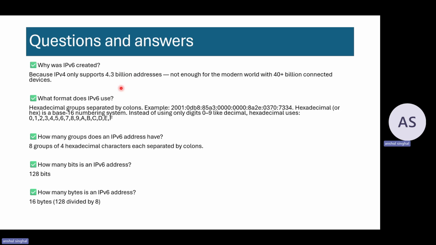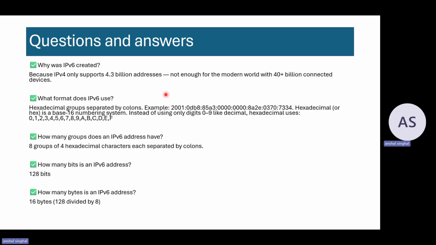As we know, IPv4 addresses are 32-bit addresses. So it means that the maximum number of IP addresses we can have is 2 to the power 32. This 4.3 billion addresses just corresponds to the output of 2 to the power 32, which we do not need to remember.